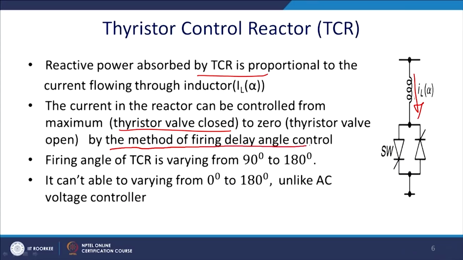alpha equal to firing angle equal to 180 degrees, by the method of firing delay angle. Generally in this case, the TCR is operated in the range of 90 to 180 degrees.